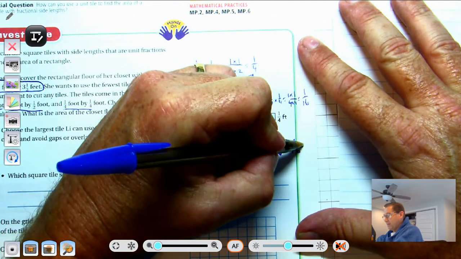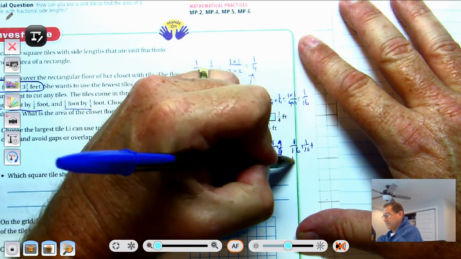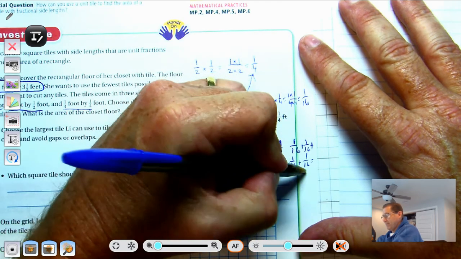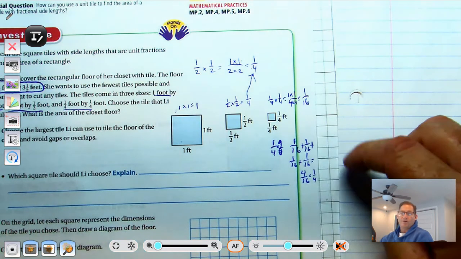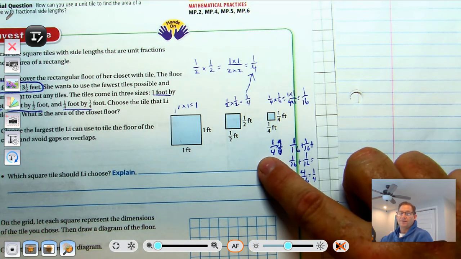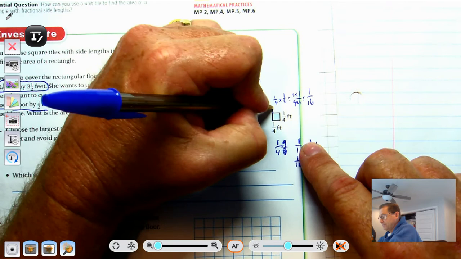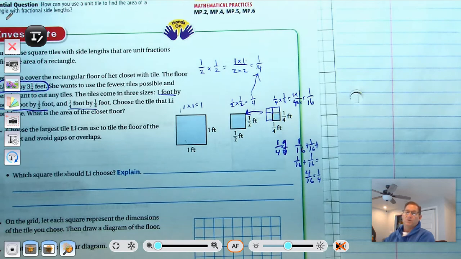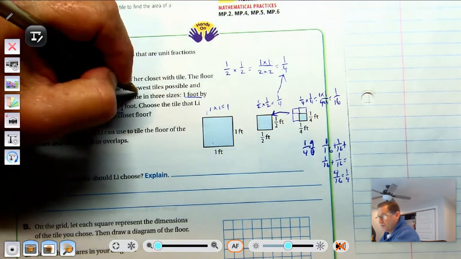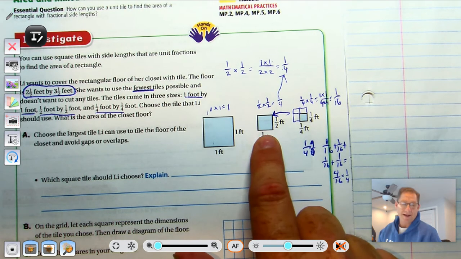If I had 4/16, in other words, 1/16 plus 1/16 plus 1/16 plus 1/16, I would have 4/16, and that is equal to 1/4. So I would need 4 of these 1/16 tiles to equal 1 of the 1/4 area tiles. But it says here she wants to use the fewest tiles. So the best one to use is the 1/2 by 1/2.